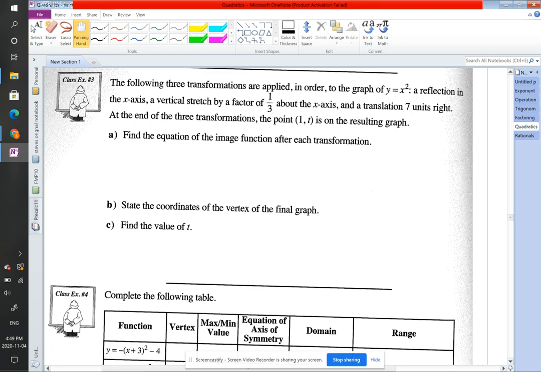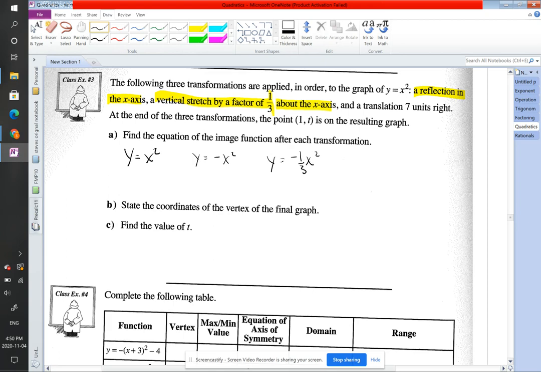So we need to create our equation. We start with y is equal to x squared. And the first thing that happens is a reflection in the x-axis. So that means that we're going to have y is equal to negative x squared. Then we have a vertical stretch by a factor of 1/3 about the x-axis. So that's our a value. So now we're going to have negative 1/3 x squared.